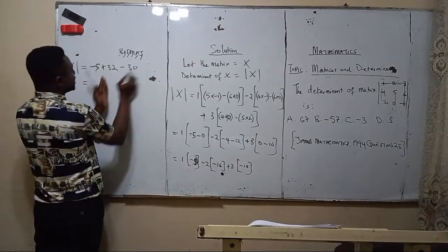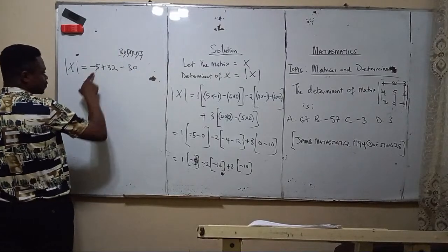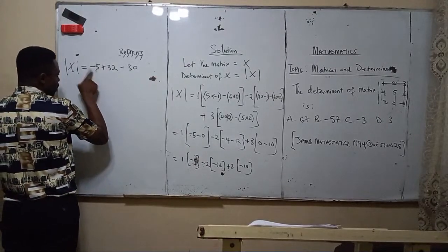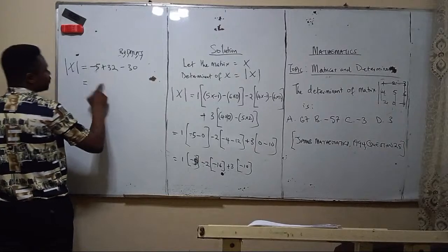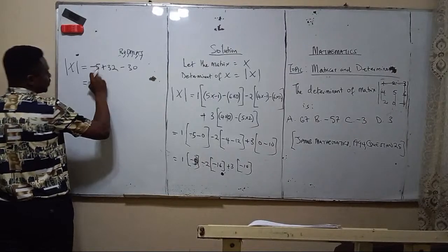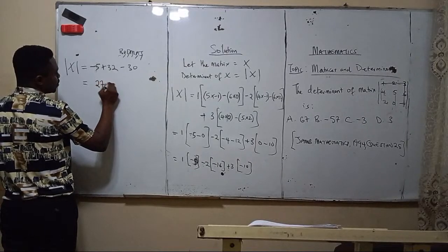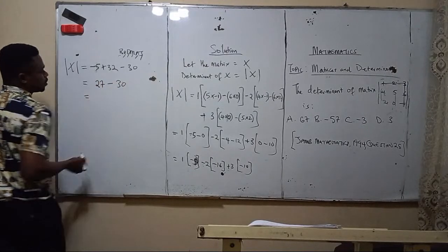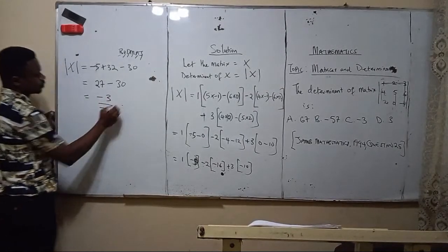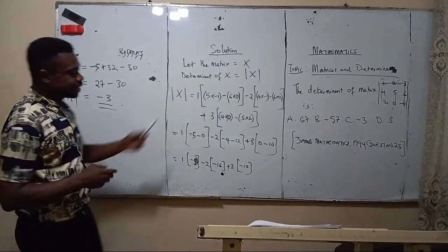Or if you move straight here and do 2 minus 30 is minus 28. Then minus 5 plus 32 is the same as 32 minus 5, which is what? 27. Then minus 30. 27 minus 30 will give us a negative sign, which is minus what? 3. So the determinant of this matrix is minus 3.